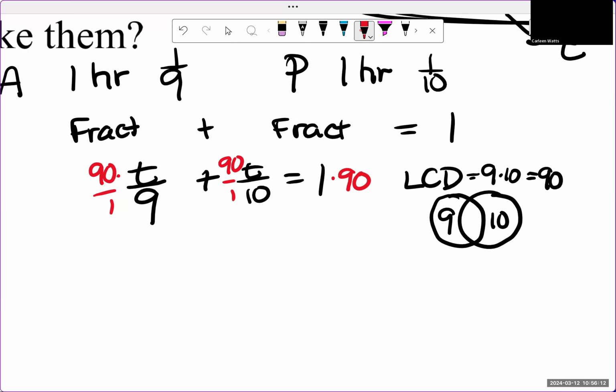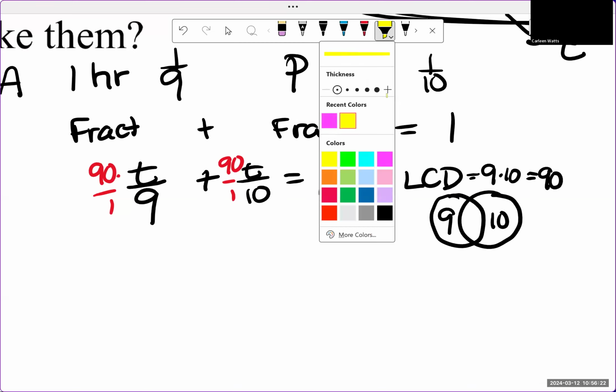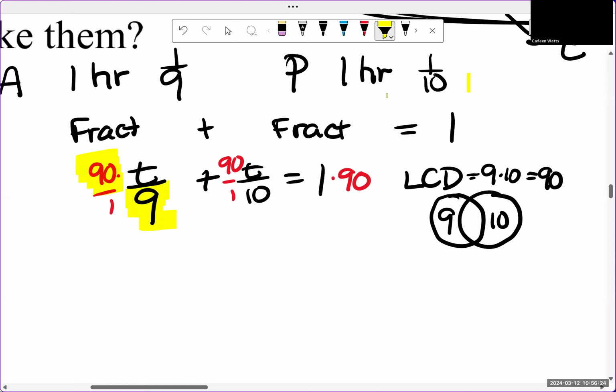So next step: cancel. I'm just going to highlight this. Focus your attention on those two things. My next step is cancel.